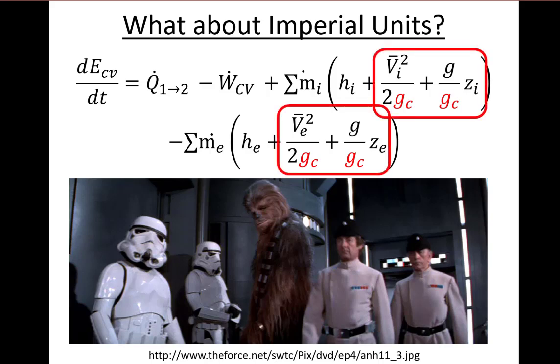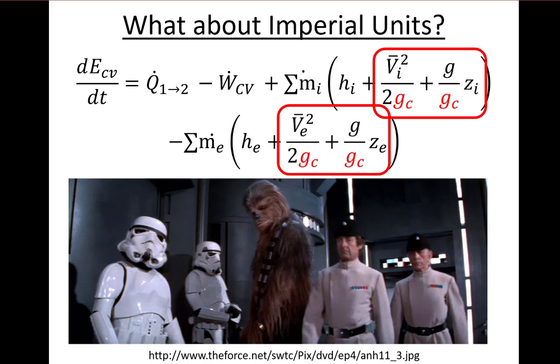So again, units here are important. Not only do we have to divide by gc, but if my z term is in feet, or my velocity term is in feet per second, then here I'll get foot-pounds per pound mass. But h, when I look it up on a table, is going to be in BTU per pound mass. So I have to take this number and divide it, I believe, by 778 foot-pounds per BTU.